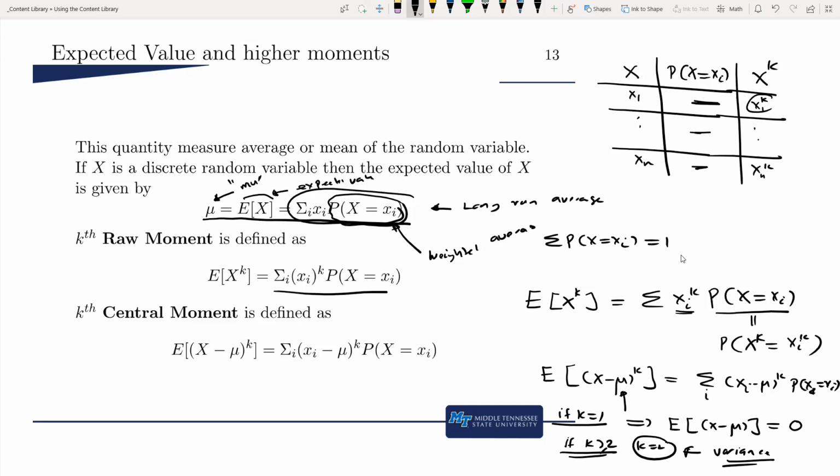We are going to learn about that next. This is the central moment you can use to measure dispersion, which we are going to learn in the next lecture.